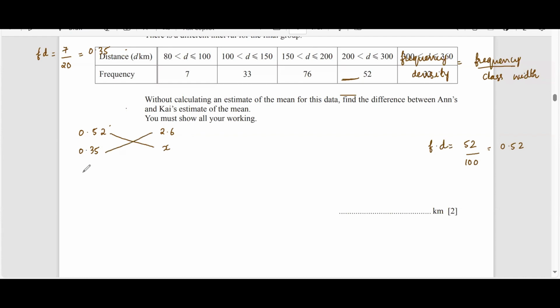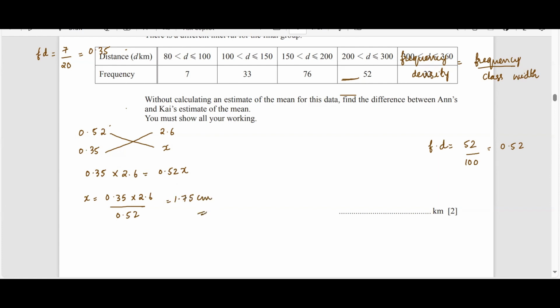Cross multiplication: 0.35 times 2.6 is equal to 0.52x. x will be 0.35 into 2.6 divided by 0.52, which will give us 1.75. This will be 1.75 centimeter.